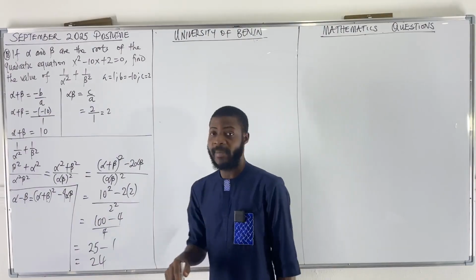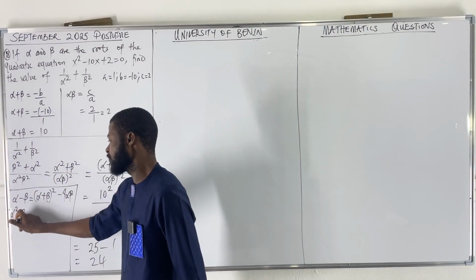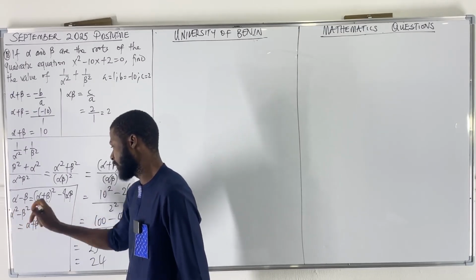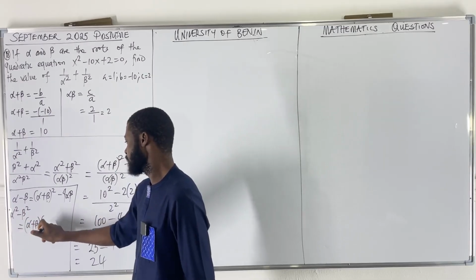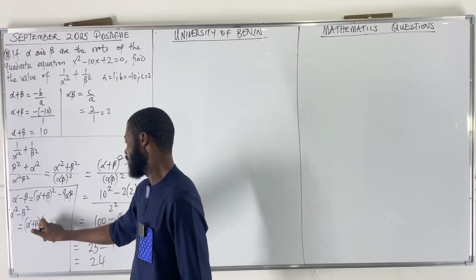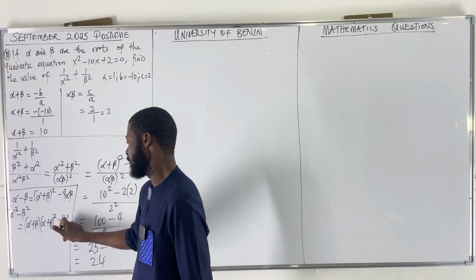So that's what is going to be minus 4 alpha beta. If your question says alpha squared minus beta squared, it will then become alpha plus beta, bracket, bracket, then alpha plus beta all squared minus 4 alpha beta.